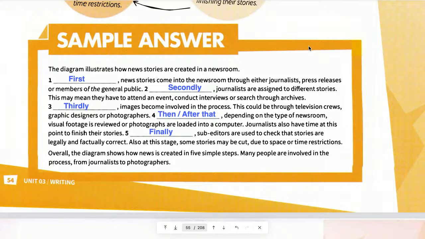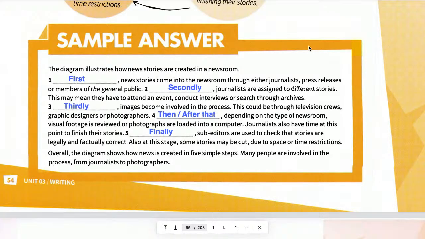Okay. Any questions, guys? So basically now, before we wrap up, can someone just tell me what should we do with the diagram? What is the structure? Tell me fast.